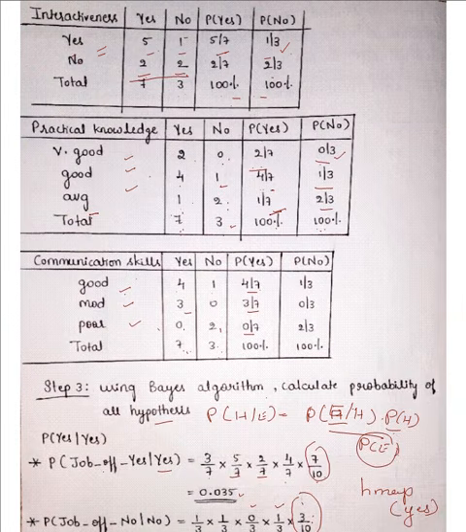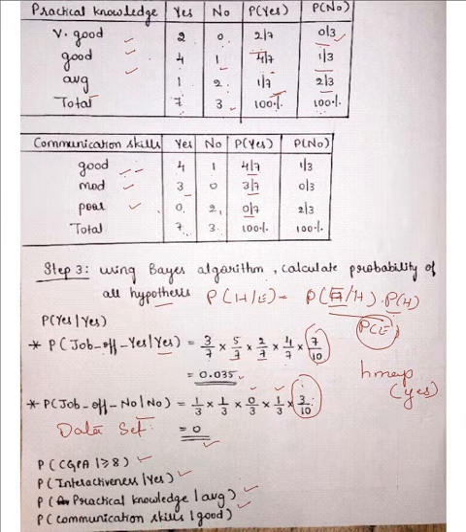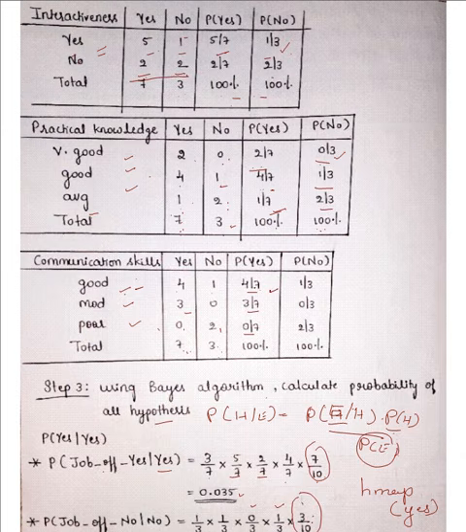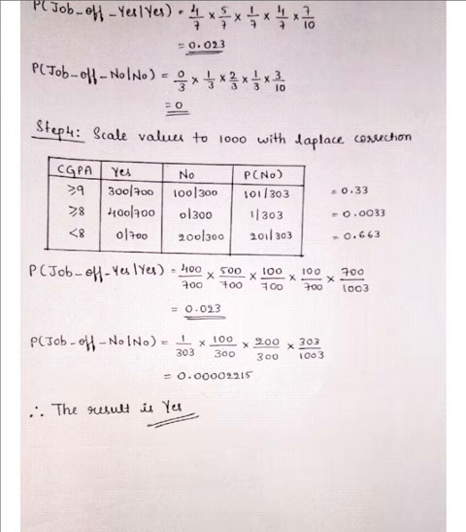So communication skills good in this table, the probability of occurrence of that event is 4 by 7. So here next what we are doing, we are multiplying all the yes instances. So 4 by 7 into 5 by 7 into 1 by 7 into 4 by 7 into this prior probability, that is 7 by 10. So you will get yes on yes as 0.023.